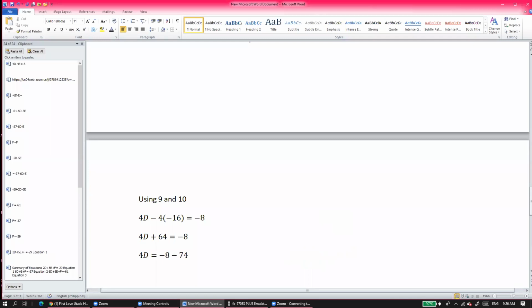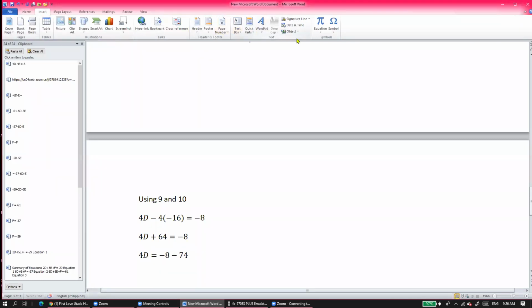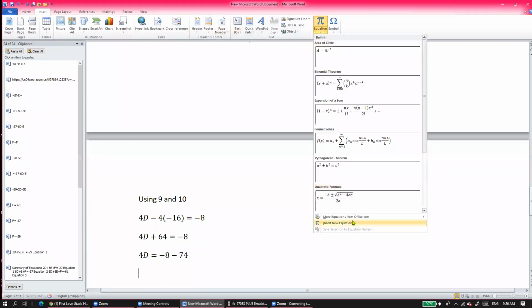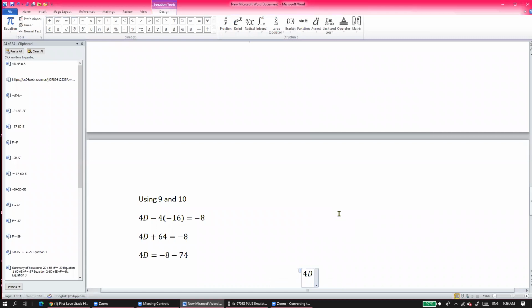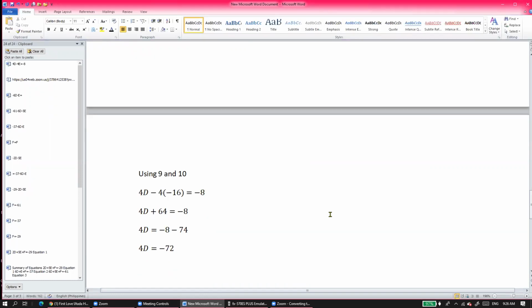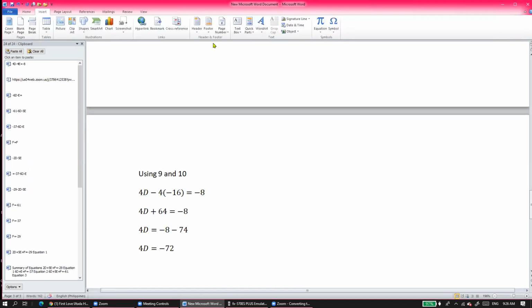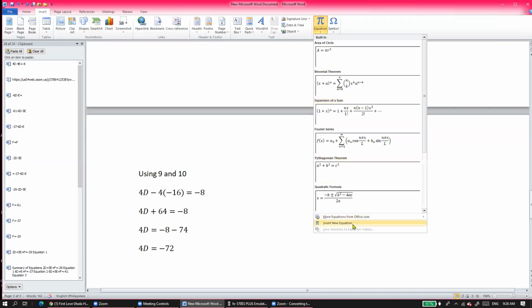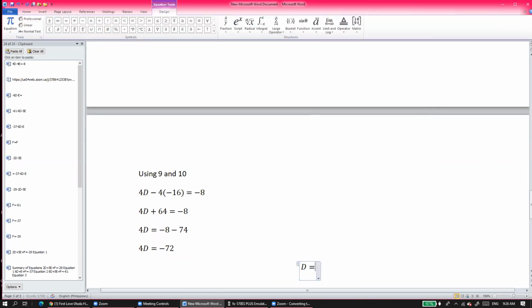Okay, nakakasunod ba kayo? 4d equals negative 72. Finally, what is now the value of d? Sa palagay ninyo, anong value ng d natin dyan?